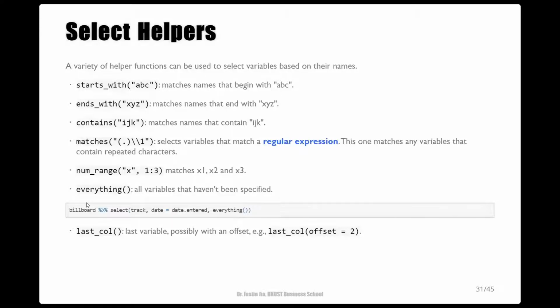For example, we can use them with the pivot_longer function to specify columns to be pivoted into longer format. And most of their uses are straightforward. For instance, if you want to put some columns before the remaining columns, you just list them first, and then use the everything function to include all variables that haven't been specified. And this will save you from a lot of typing.